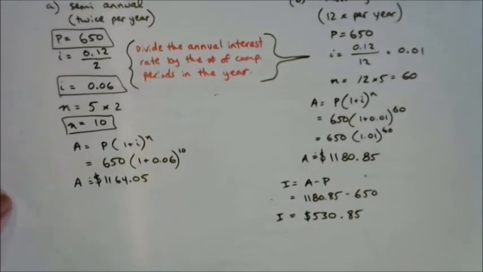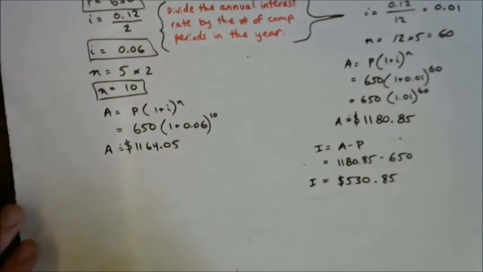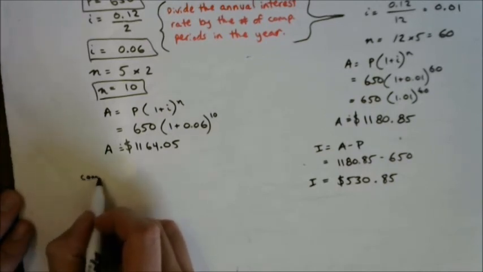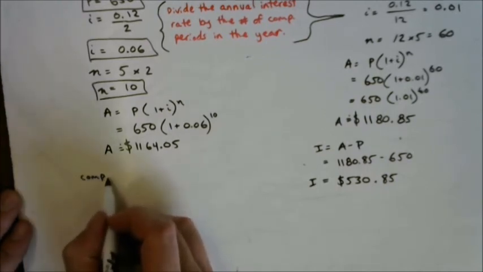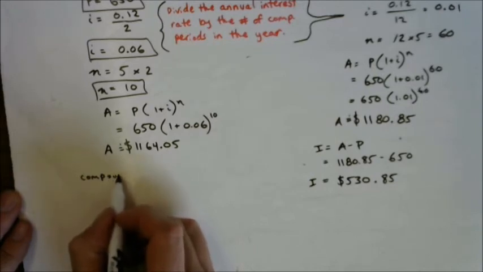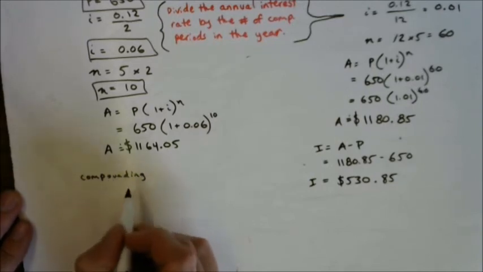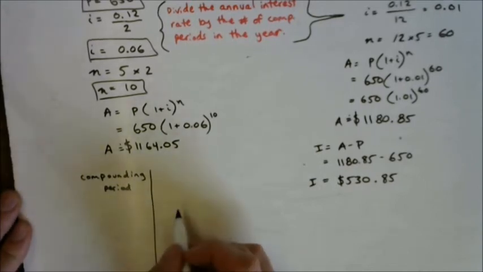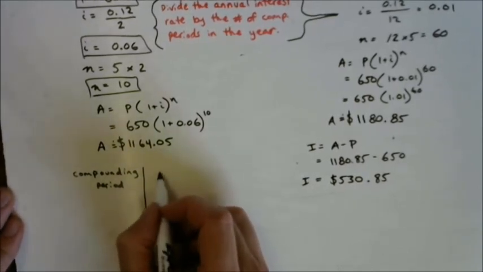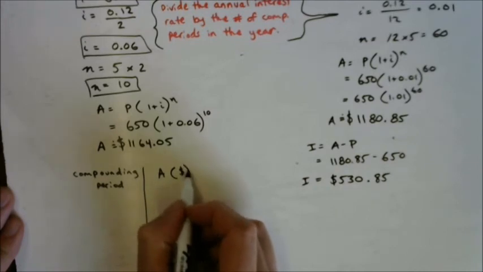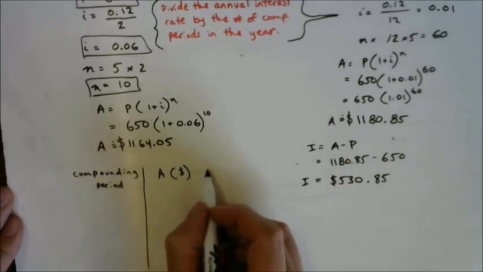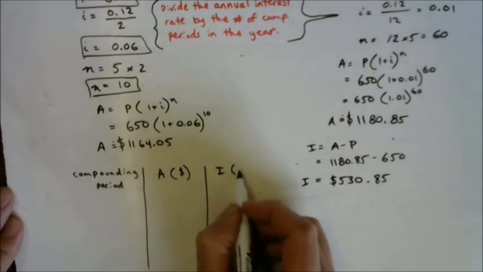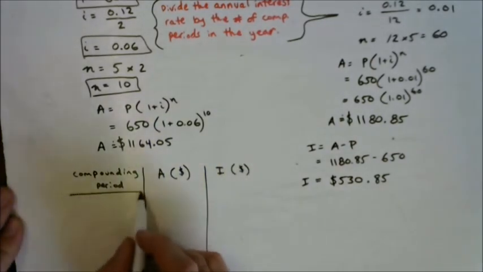Okay, just to clean this up and help you see what just happened, we're going to make a little table. You can let me draw the table first if you want, and then you can see it. So we've got the compounding period. We have the amount measured in dollars. And we have the interest also measured in dollars.